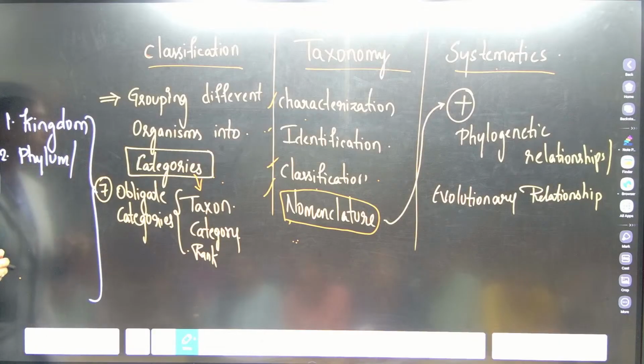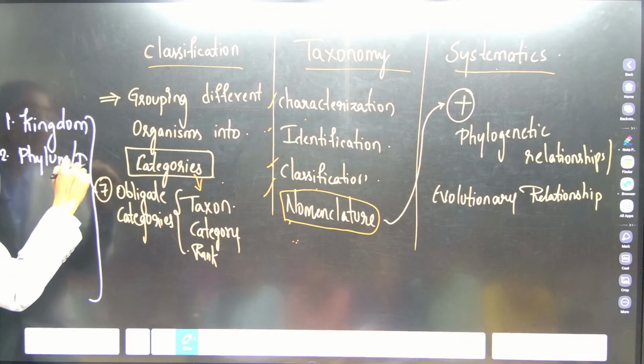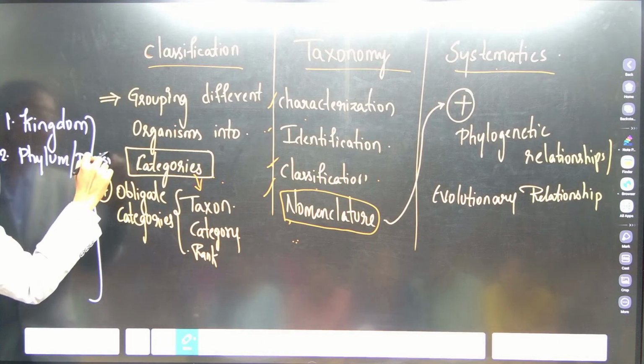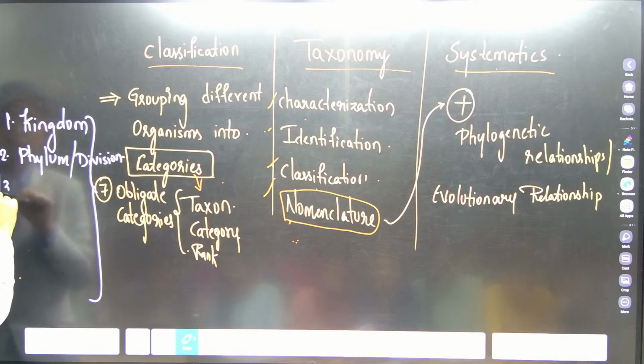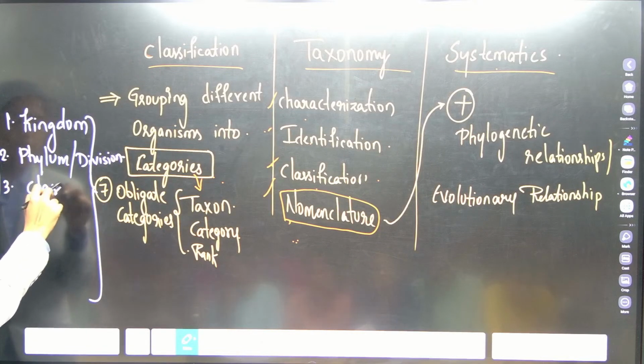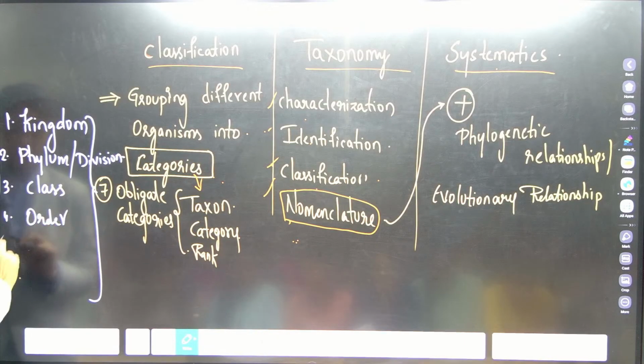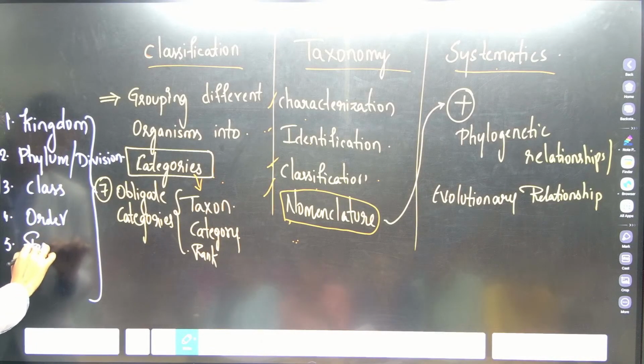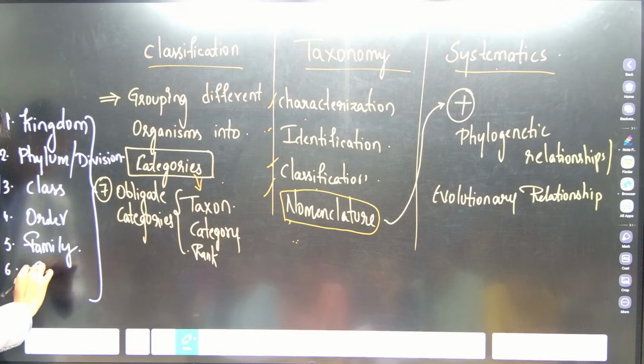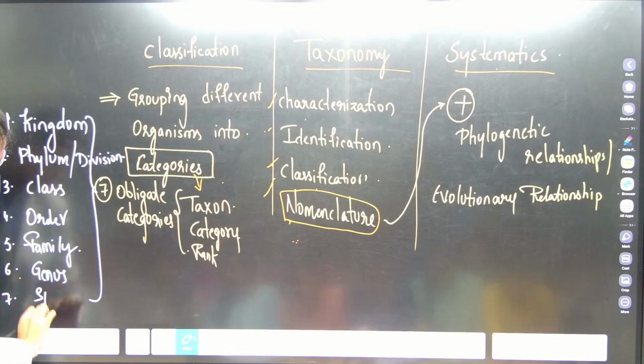Phylum you will use for the animal kingdom, division you will use for the plant kingdom. Then class, then order, fifth is family, genus, and seventh is species.